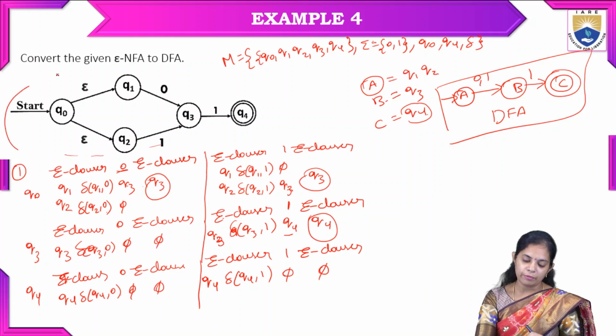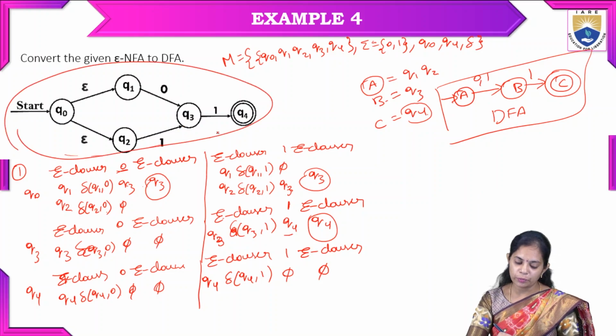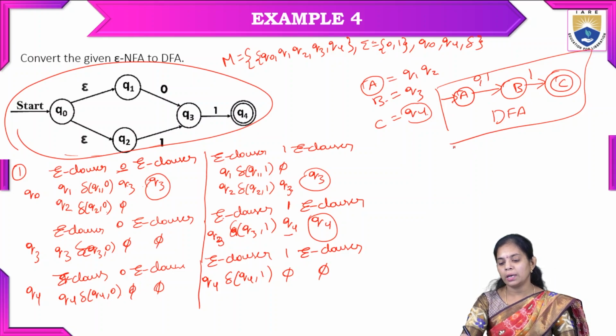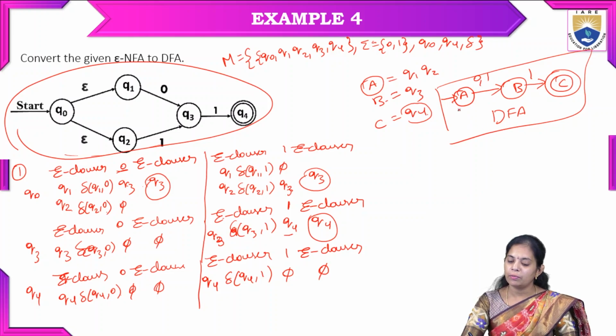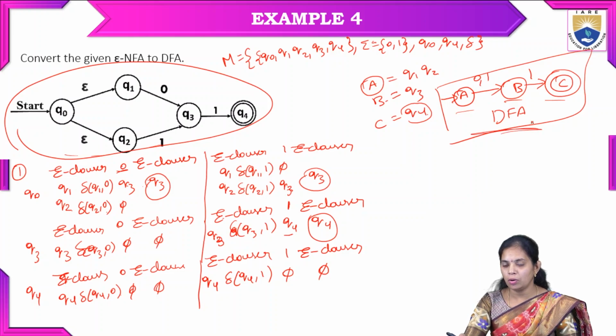If you observe, the given epsilon NFA had five states, and after converting it to DFA we got only three states. We just removed the epsilon moves from the transitions of the NFA, and then converted it to a deterministic finite automaton.